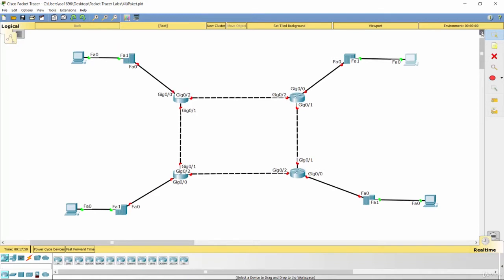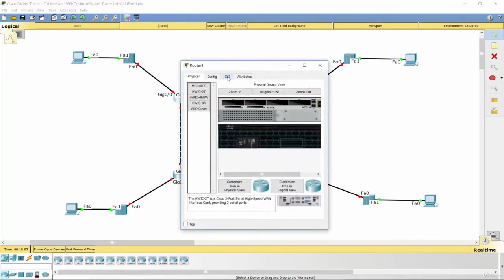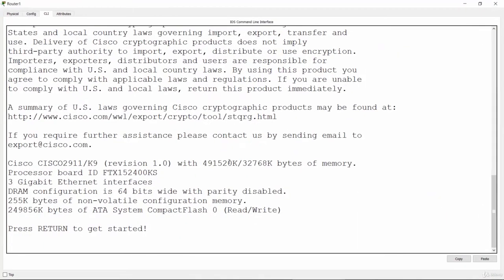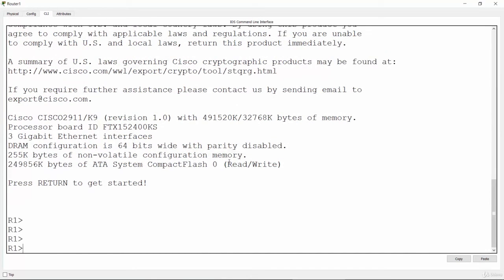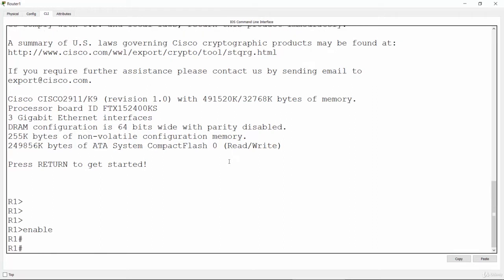Here is my topology that I drew in Packet Tracer, and I'm going to configure the gig0/0 interfaces of the routers. Let's go. I'm in router 1 and I'm getting into the enable mode.